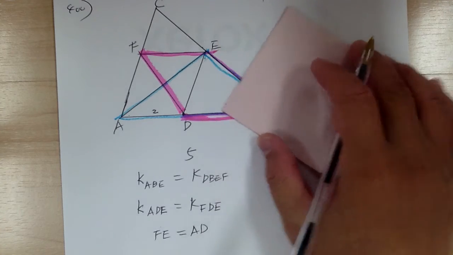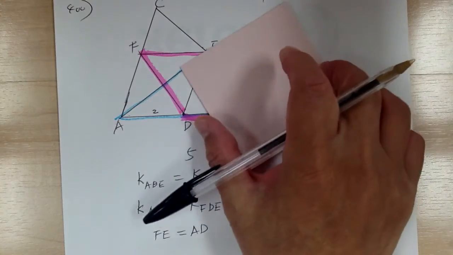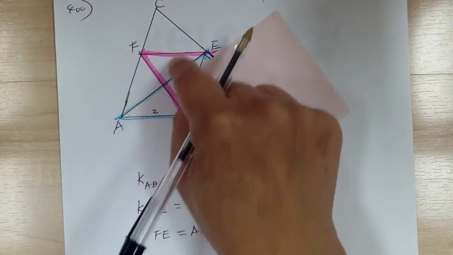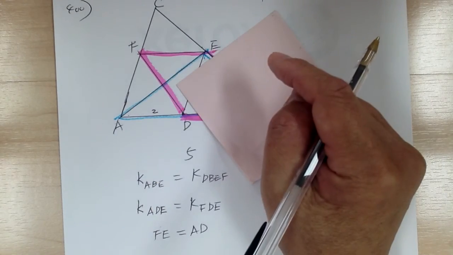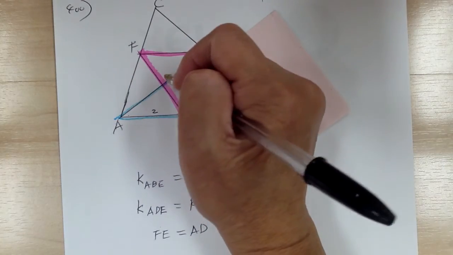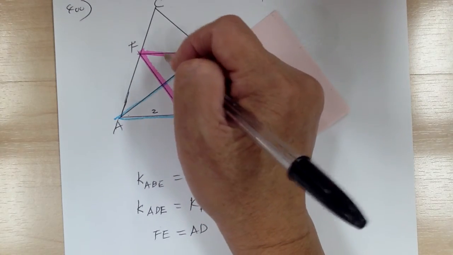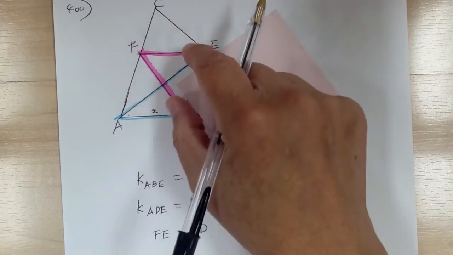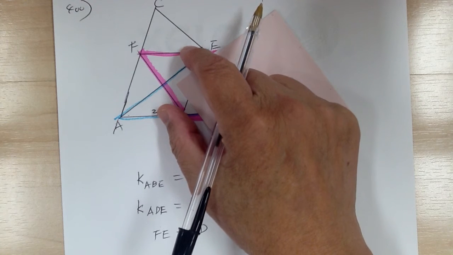Another way you can do this is that since this can negate out, this will have the same area.